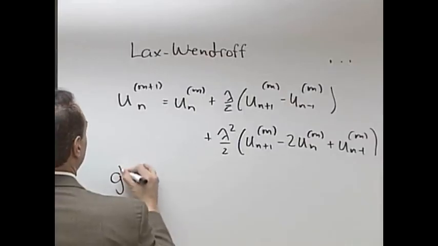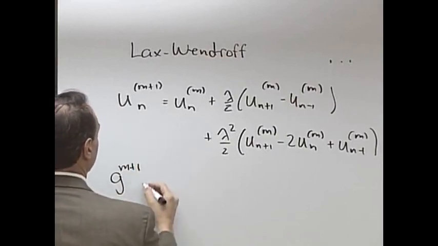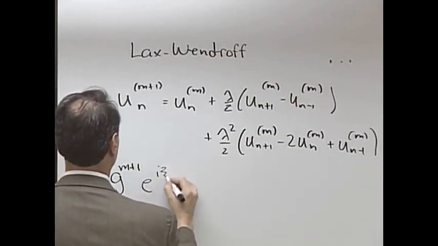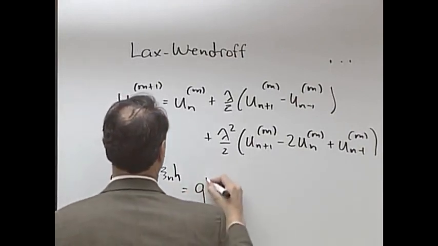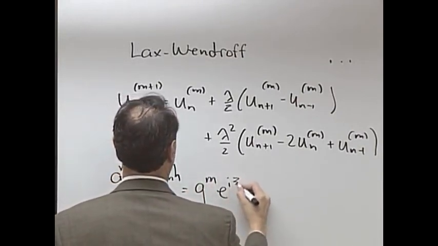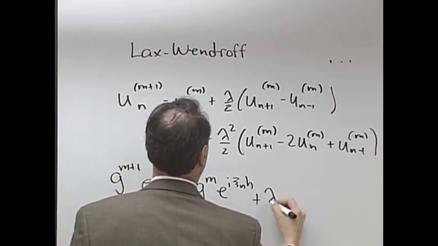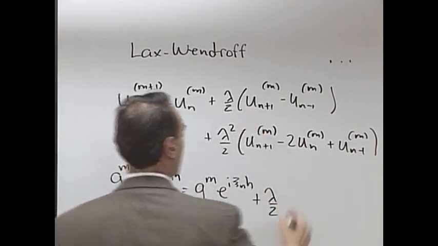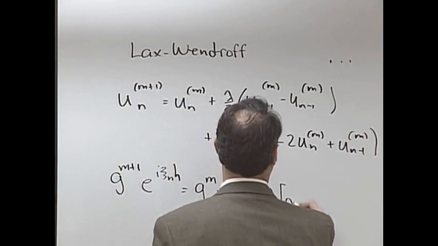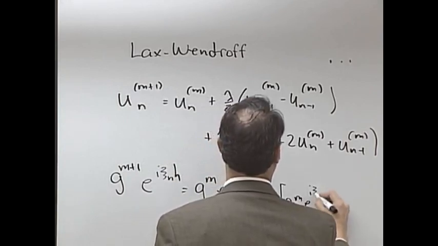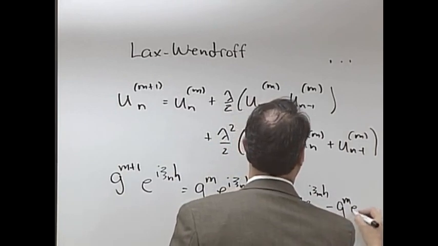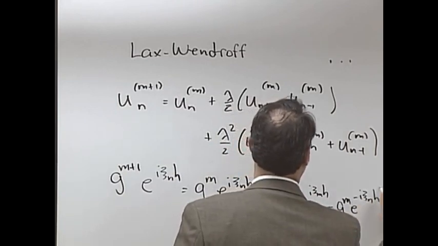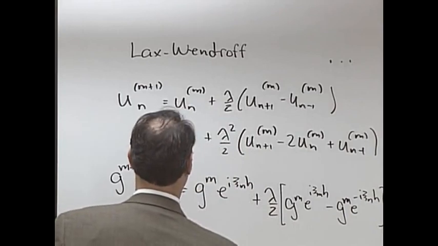I have my g of m plus 1 over here times this e to the I c of n h. Left-hand side again, g of m. Same kind of terms here, right? You get this g of m, e to the I c of n h minus g of m, e to the minus I, plus.